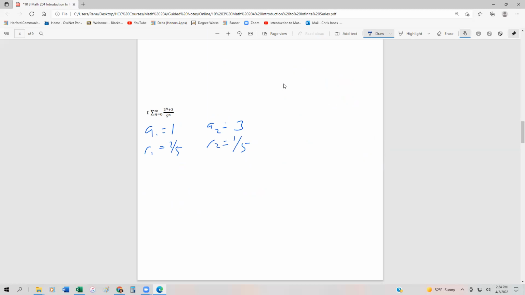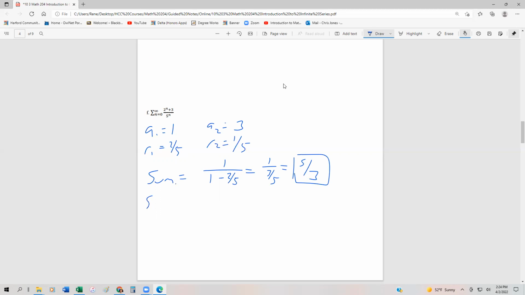We're just going to find the sum for both of those. Let's call this sum sub 1. That's A over 1 minus R, so 1 over 1 minus 2/5, which is 1 over 3/5, or 5/3. Keep that in mind, that's sum 1.